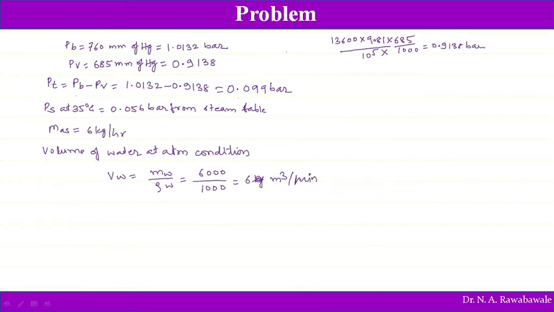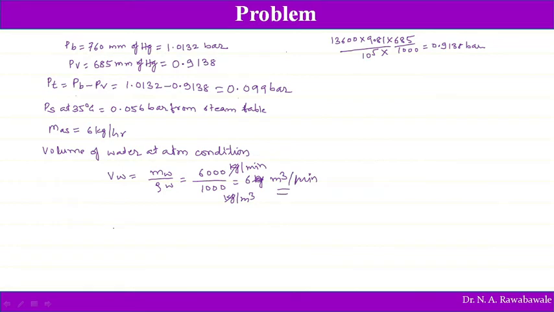Kg gets cancelled, and meter cube per minute is the unit.